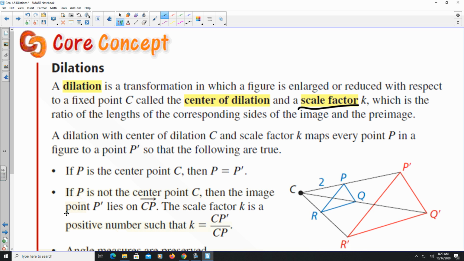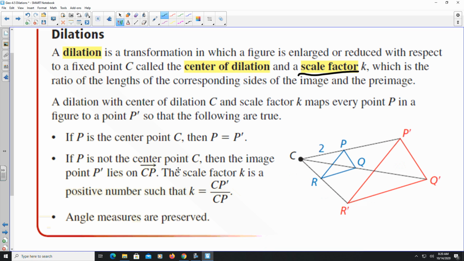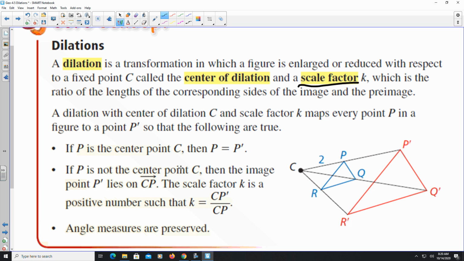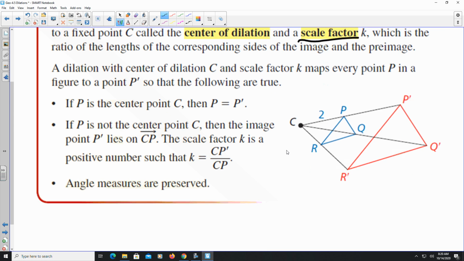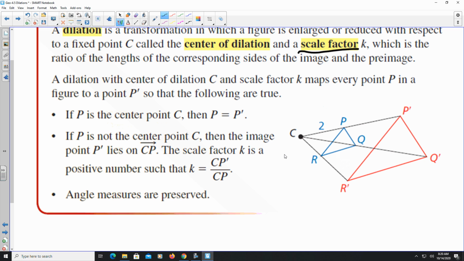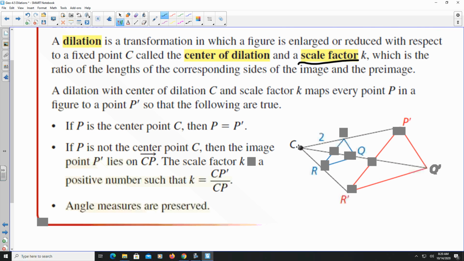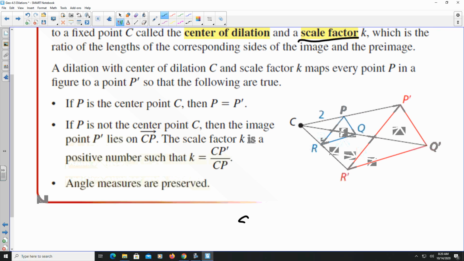So all of this talks about center of dilation and all of these other things. But one thing you have to keep in mind is this: if your scale factor is greater than 1, it is going to be an enlargement.